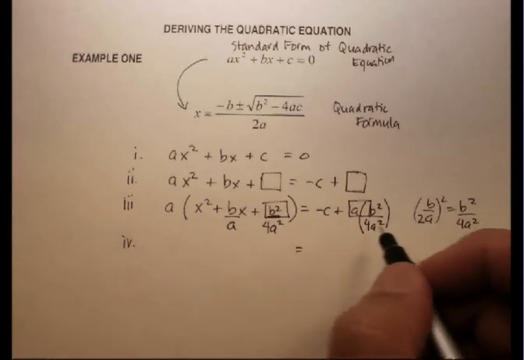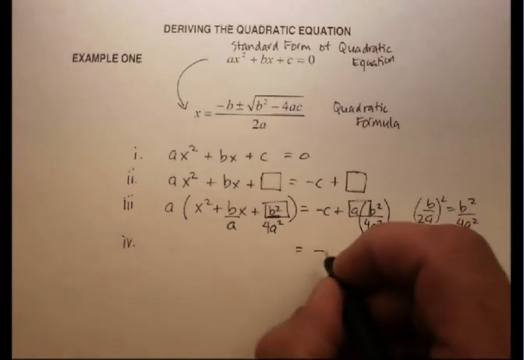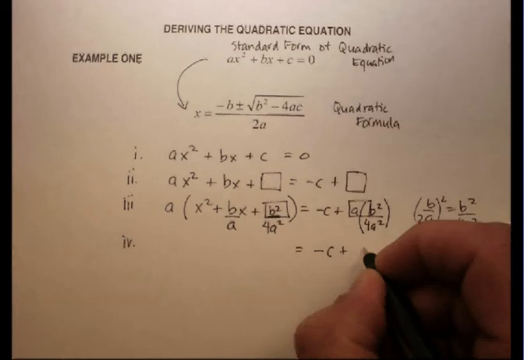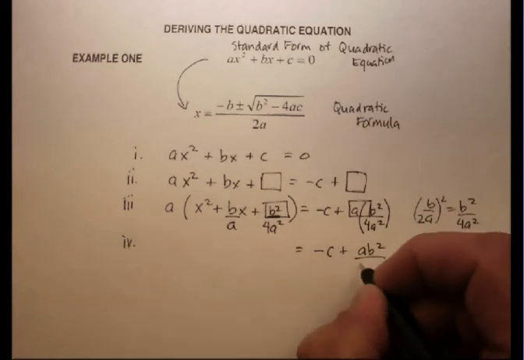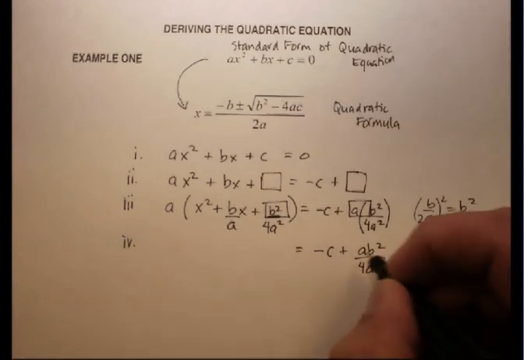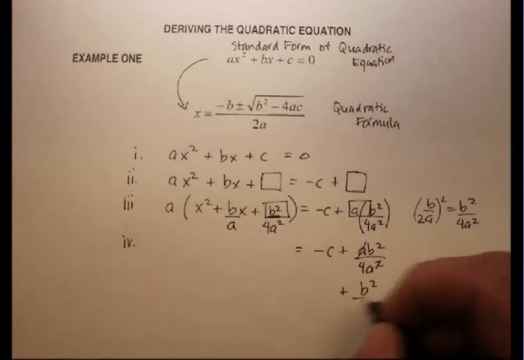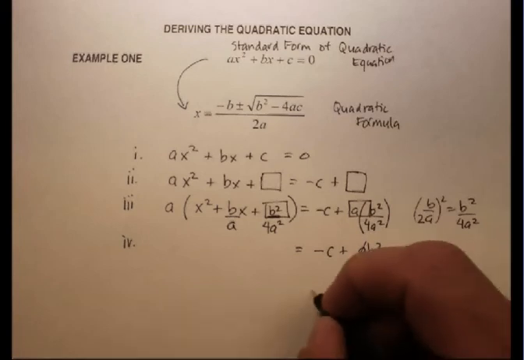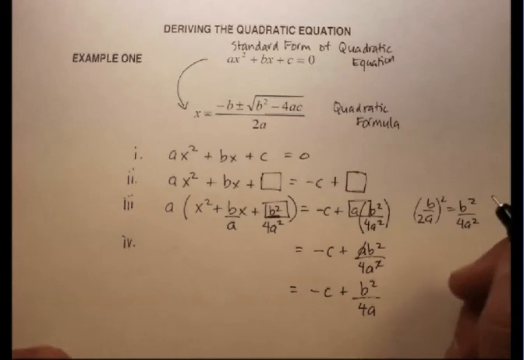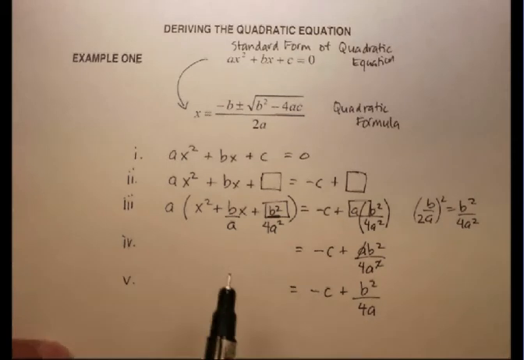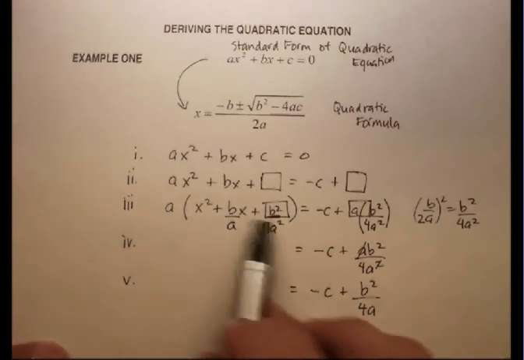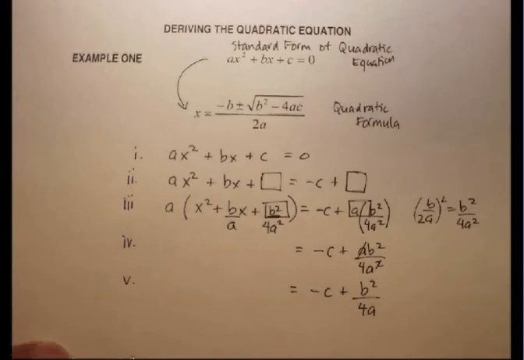Now, I'm going to reduce this just a little bit because that's like saying negative c plus ab squared over 4a squared. I can take an a out of there, and I have b squared over 4a, and then the negative c over there. On this side, I'm going to take the factored form of that perfect square trinomial.